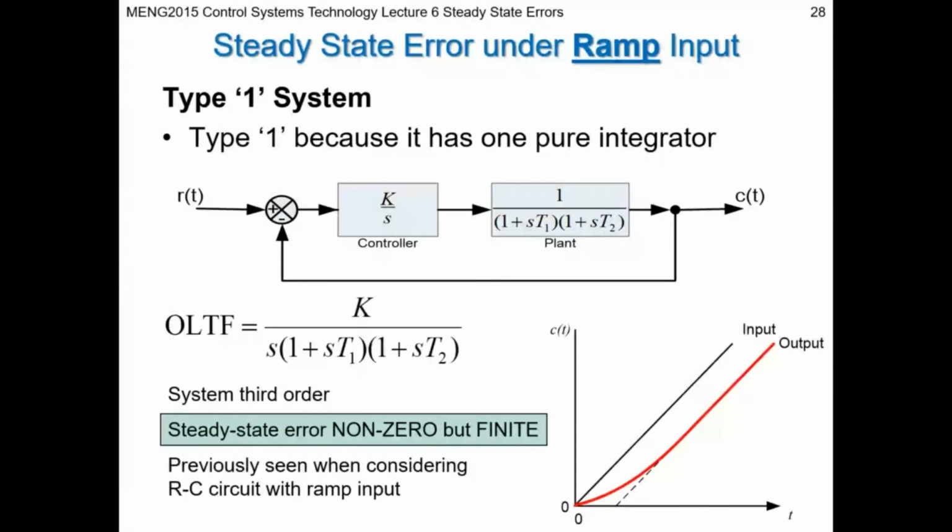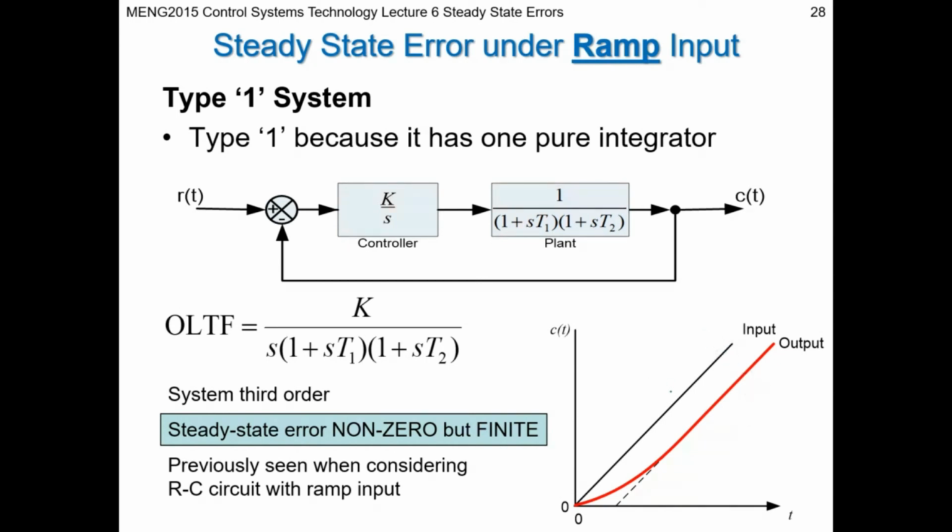So the system here, type 1, has a non-zero but finite steady state error to a ramp input. So it's able to follow the ramp input, but it has a steady state error, as you can see here.